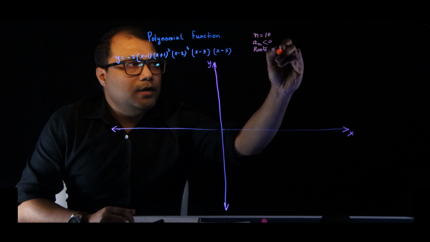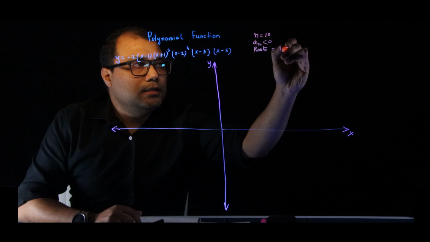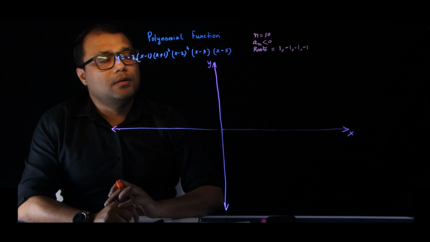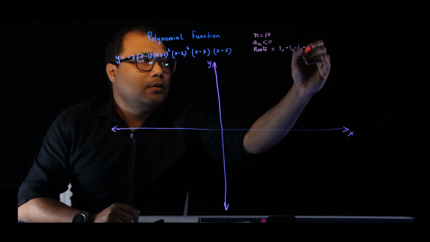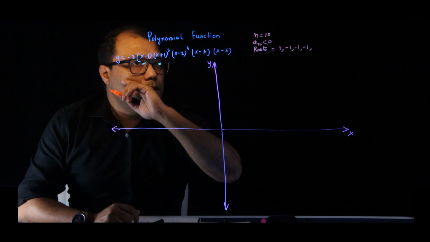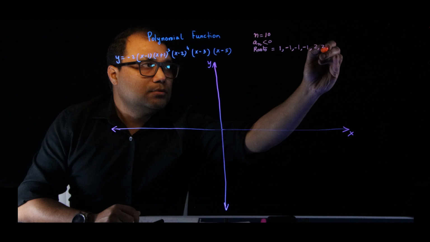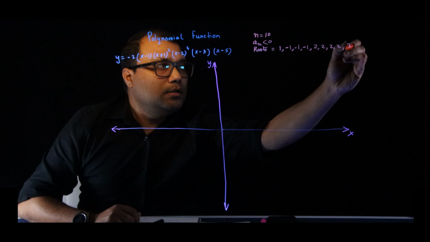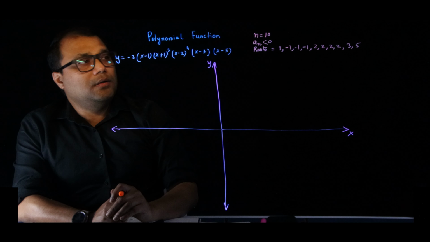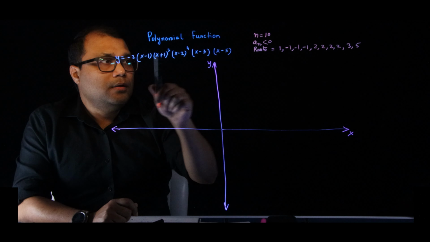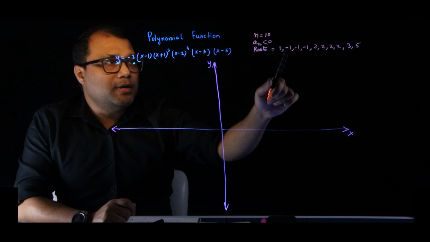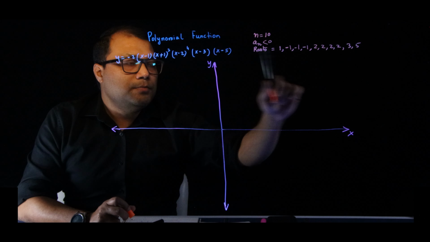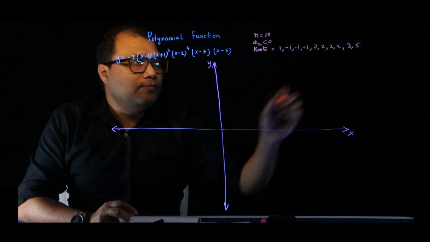Roots are 1, minus 1 3 times, then 2, 4 times, 3 and 5. Let's verify this one more time. x equals 1, x equals minus 1 3 times, x equals 2 4 times, x equals 3 1 time, and 5.